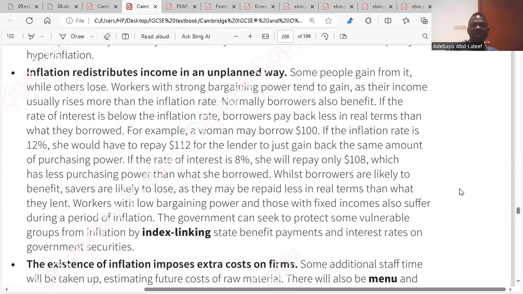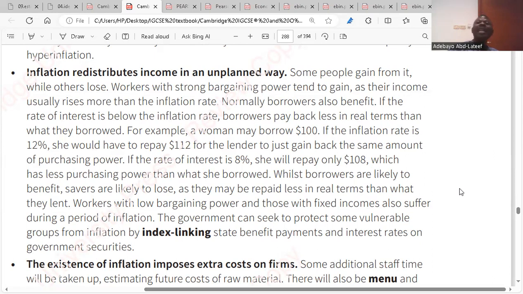Workers with low bargaining power and those with fixed incomes also suffer during a period of inflation. The government can seek to protect some vulnerable groups from inflation by index linking state benefit payments and interest rates on government securities.